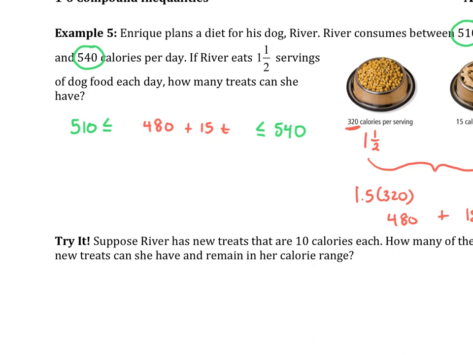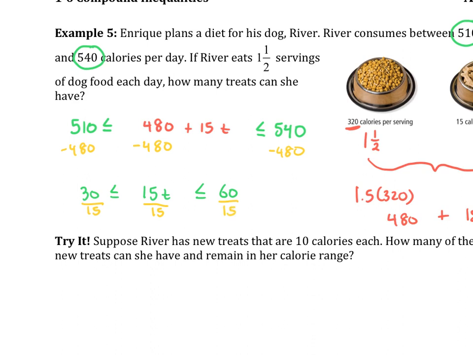All right, so now what we're going to do is subtract 480 from all sides. From the inside, I have to also subtract from the outsides here. So this becomes 30 is less than or equal to 15t, which is less than or equal to 60. Now, divide everything by 15 because there are 15 calories per treat.